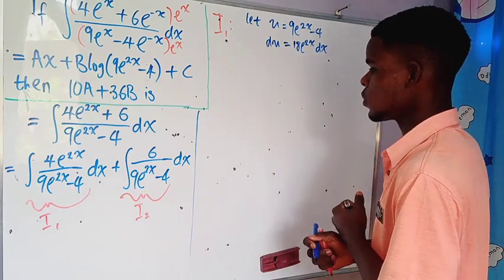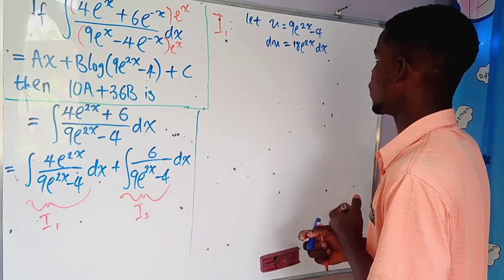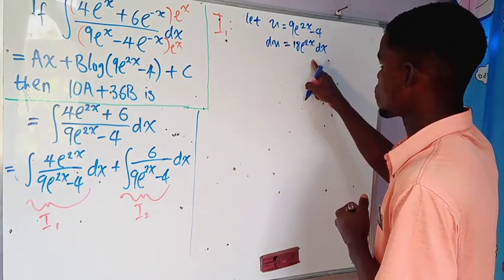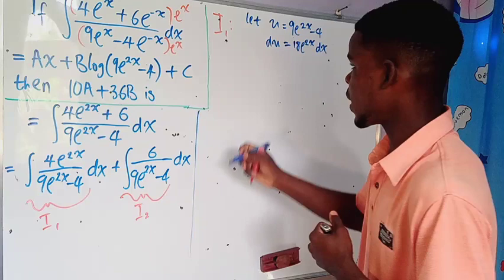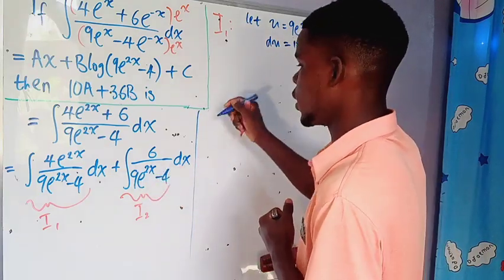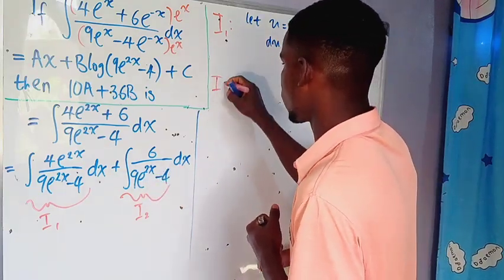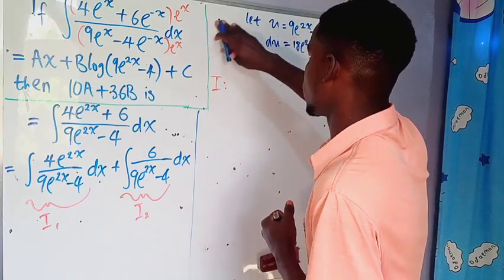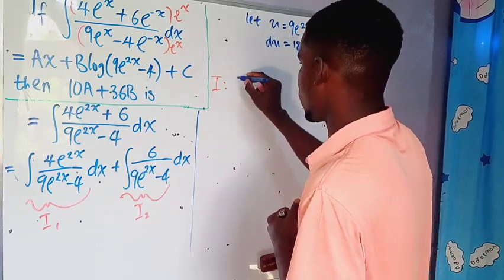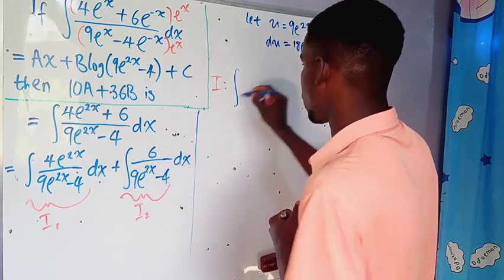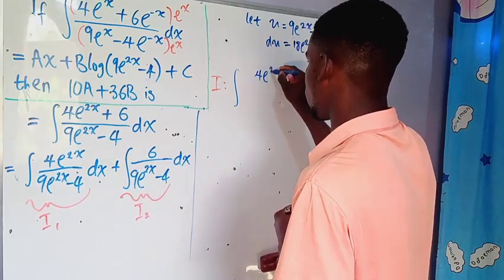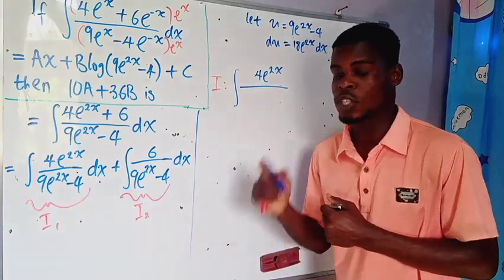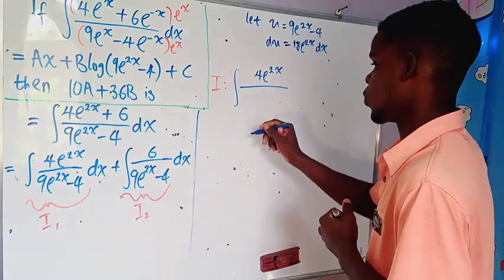Now the derivative of negative 4 is just going to be 0. I want you to notice that we are going to bring this back into the integral. The integral I1 is the integral of the numerator as it is, e to the power 2x, divided by the denominator, which we call u, where u is 9e to the power 2x minus 4.